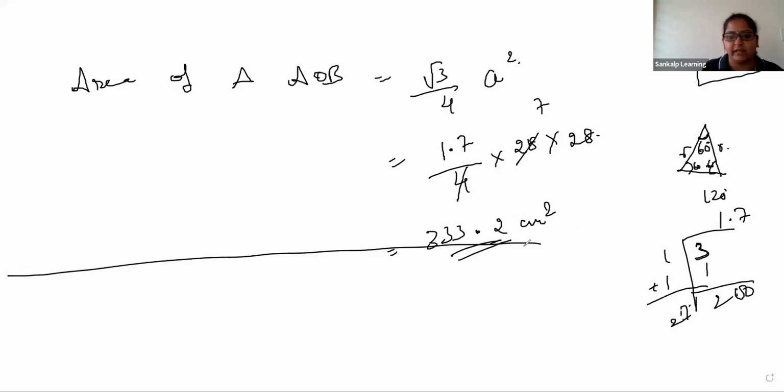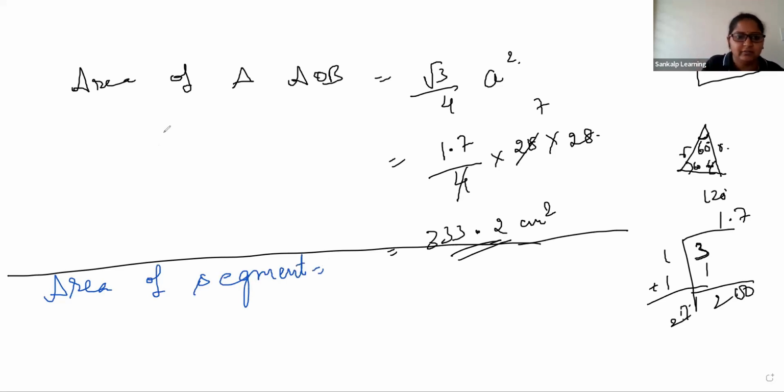Okay. Now what do we have to do to get the area of the segment? Very easy, children. Okay, listen, you came late, no? So this is theta. Say this is the triangle and we are finding the area of this. This is the segment. Those who came late, listen.